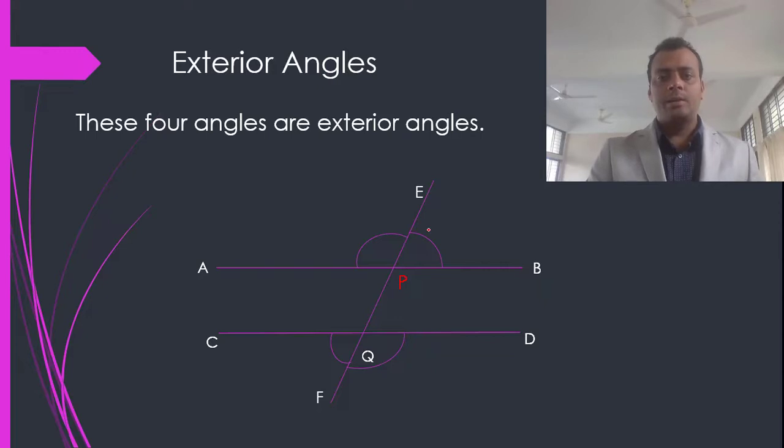These four angles are called exterior angles because if you build up a rectangle ABDC, then these four angles will lie outside of this rectangle. Therefore, you can say APE, BPE, CQF and DQF, these four angles are called exterior angles.